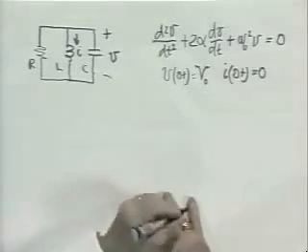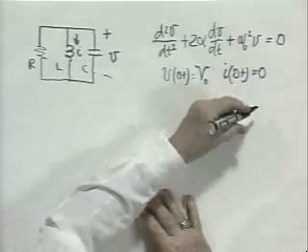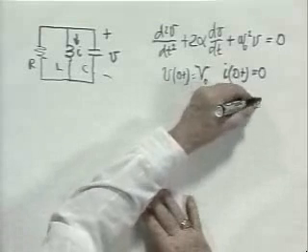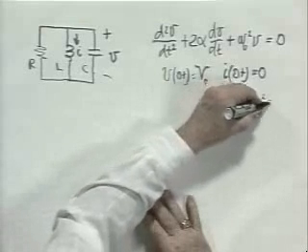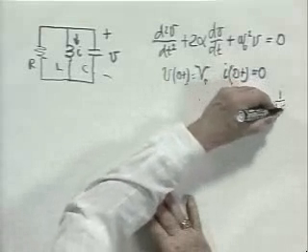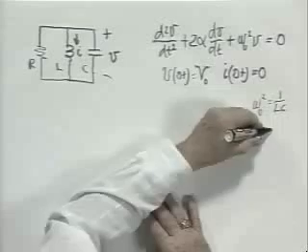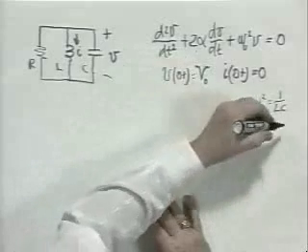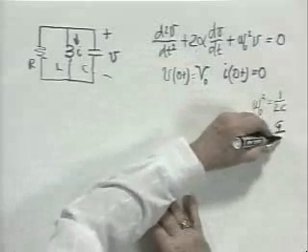And we have made two definitions, one of omega naught squared equals 1 over LC, and 2 alpha equals G over C.